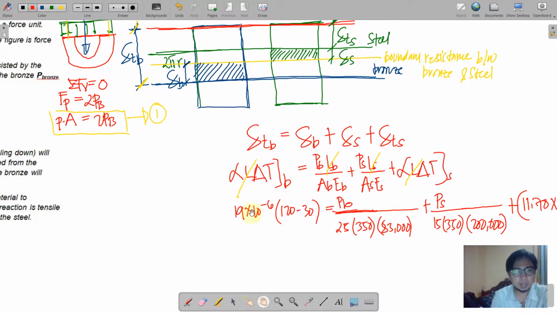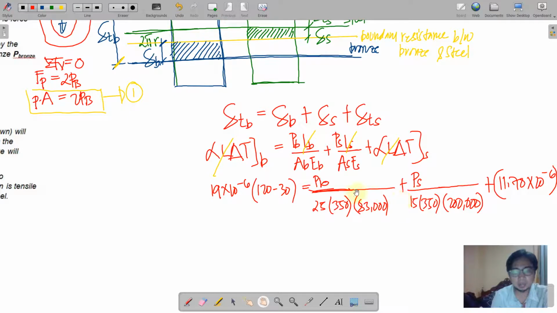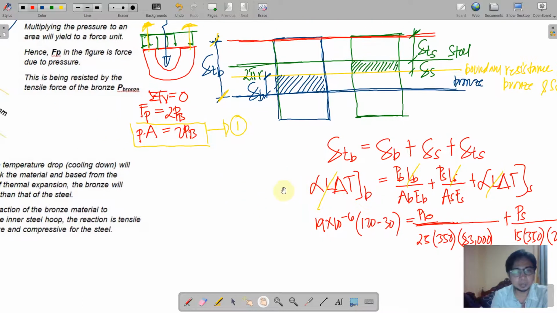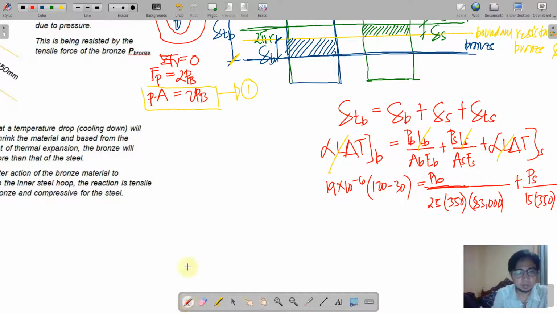So recalling our first equation, we have a PB here contained in the equation. However, it does not express any relationship to PS. So where shall we get that one? We are going to relate the two hoops. Okay, this is the inner hoop and this is the outer hoop. This is a stretch. Okay, so this is P of bronze, and this is P of steel.